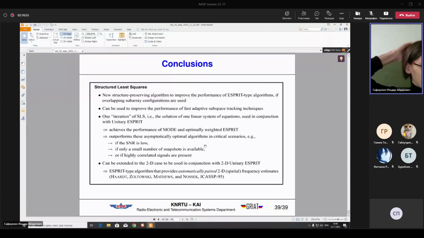These are really, really hard things with these SLS algorithms.